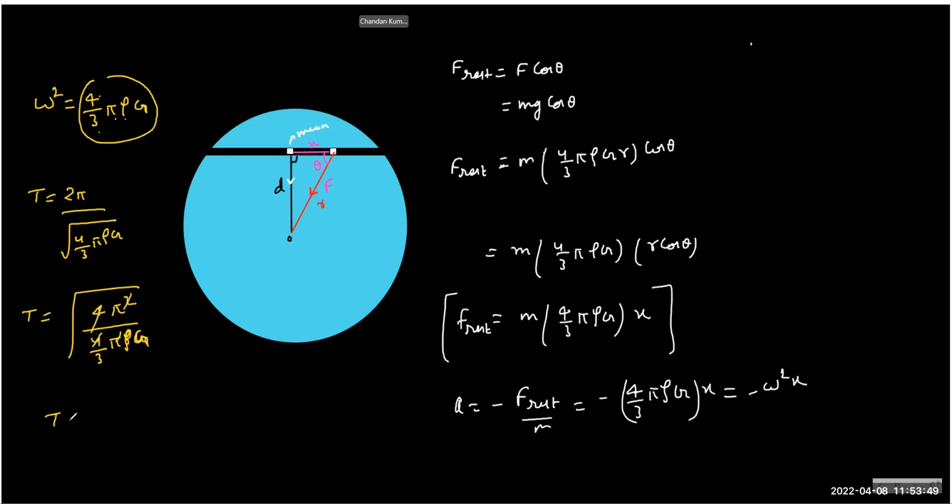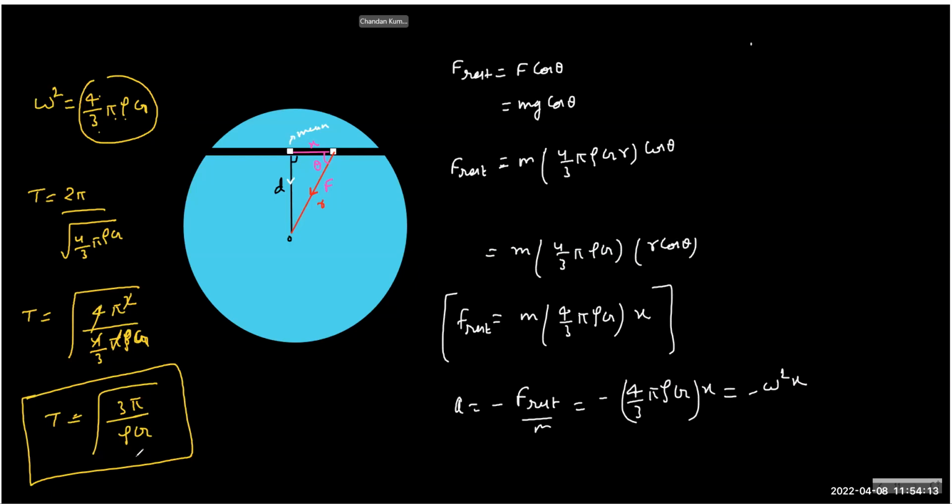So what we're getting is time equals under root of 3 pi by rho g. This is the answer.